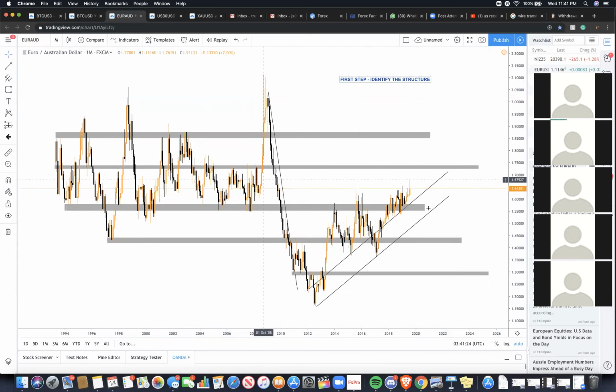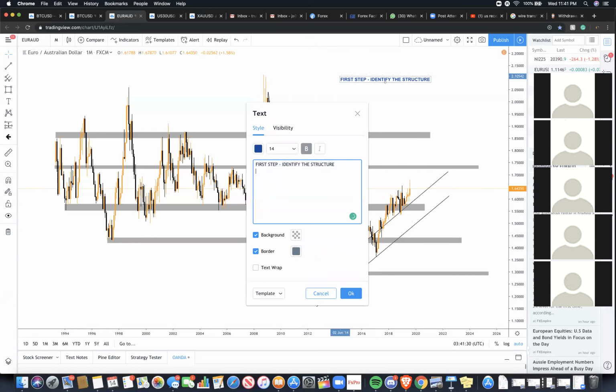So what are we looking for now? So I have my structure. Second step, right? Zones, we did. Third step now is identifying any possible signs of reversals, like candlestick patterns, right?